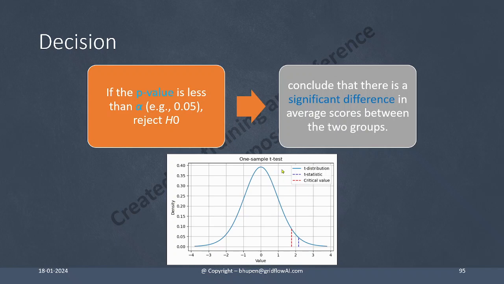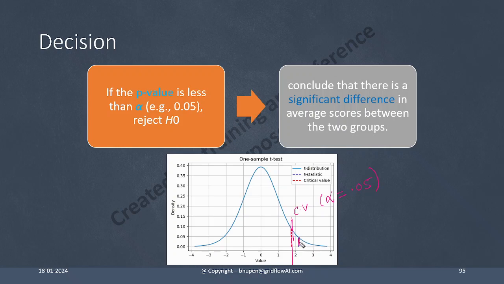For example, here is a one sample t-test, and this curve that you see is a probability distribution. The t-statistic is the blue line, obtained from the statistical function based on the sample data that you provided. And the red line that you see here is the line for the critical value. This critical value is for the significance level that we have set, let's say 0.05.